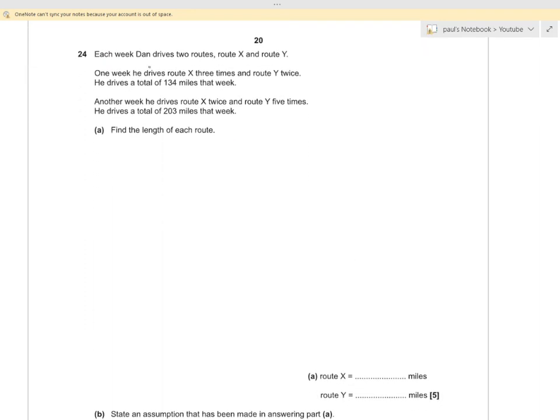Each week, Dan drives 2 routes, X and Y. One week he drives route X 3 times and route Y twice. Simultaneous equation. So 3x plus 2y equals 134 miles.